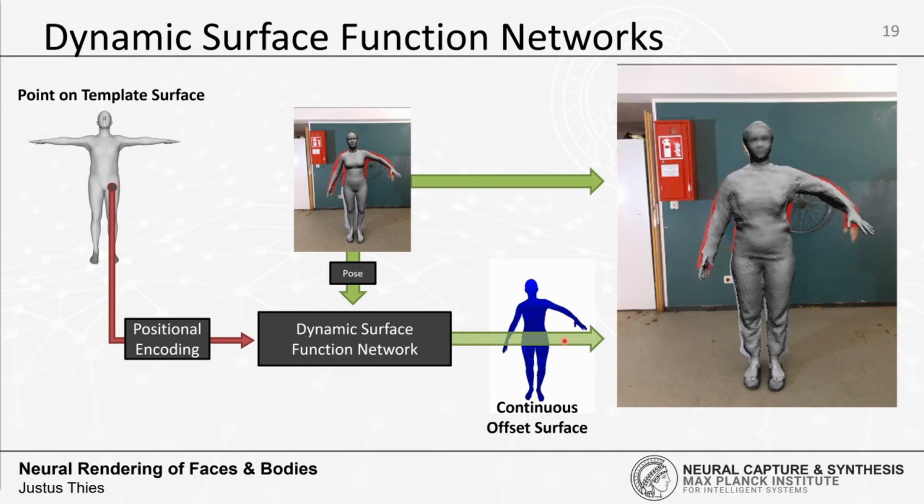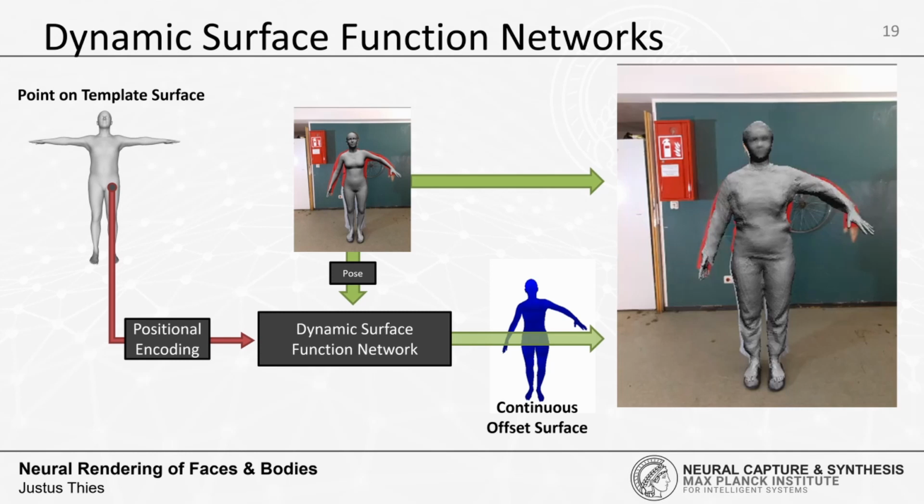So in the canonical space of the simple model, we can sample arbitrary points on the surface, and this MLP gives us the actual correct position in this canonical space, and then we can apply forward skinning to get the actual point in 3D in the posed space here.